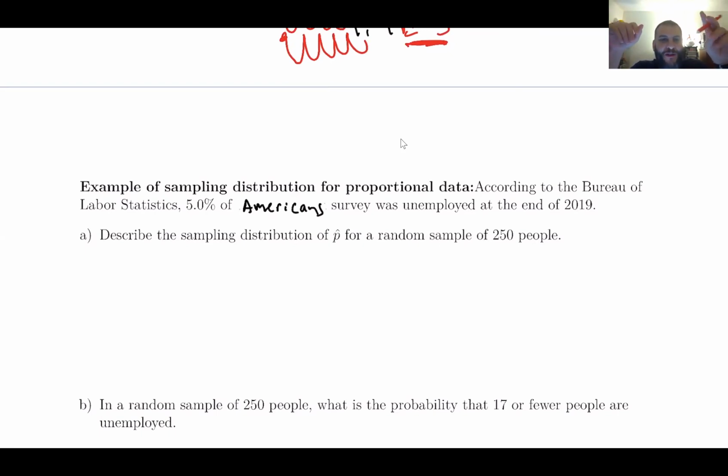So it'll say, according to the Bureau of Labor Statistics, 5% of Americans surveyed were unemployed at the end of 2019. All right, so for this one, what does the 5% represent?